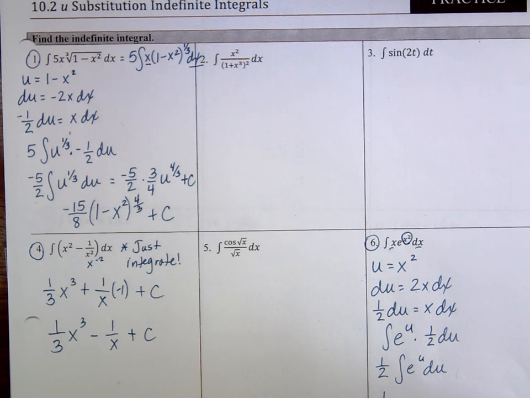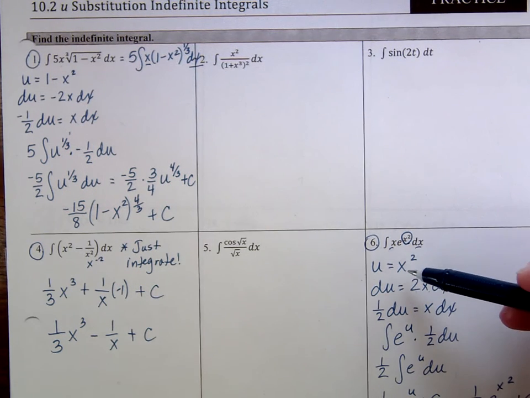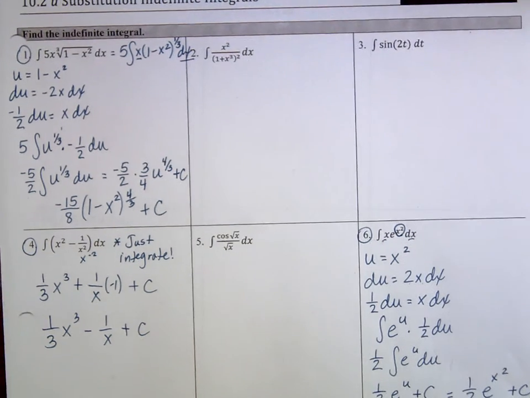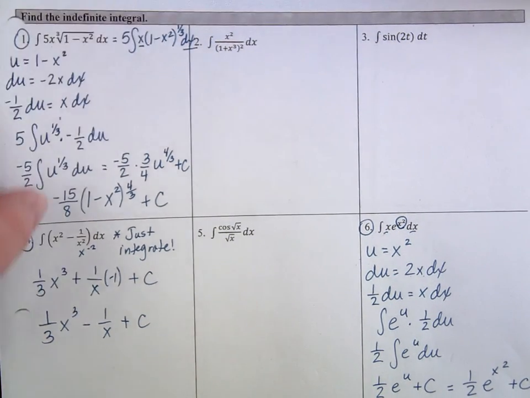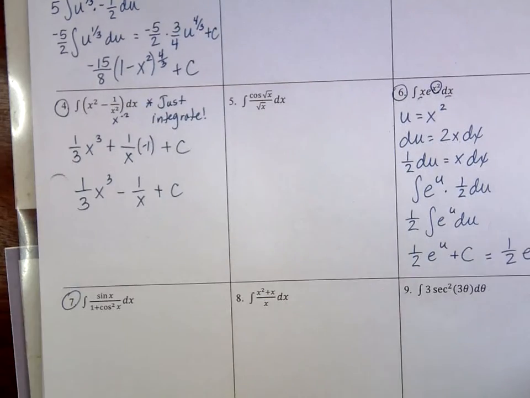So I have 1/2 e to the u plus c, and I know what u is. u is x squared, and so I get 1/2 e to the x squared plus c, and that's my answer for number 6. So the hardest part about that one was figuring out that the u is actually the power on the e. And then the next one that I want to do is number 7 on this page.